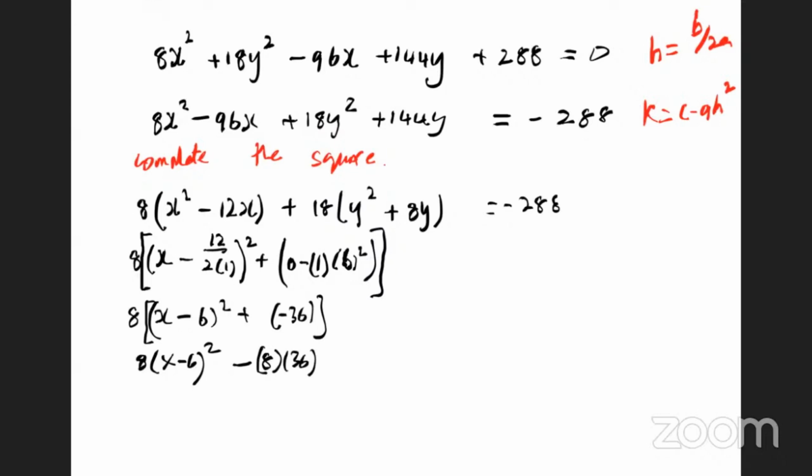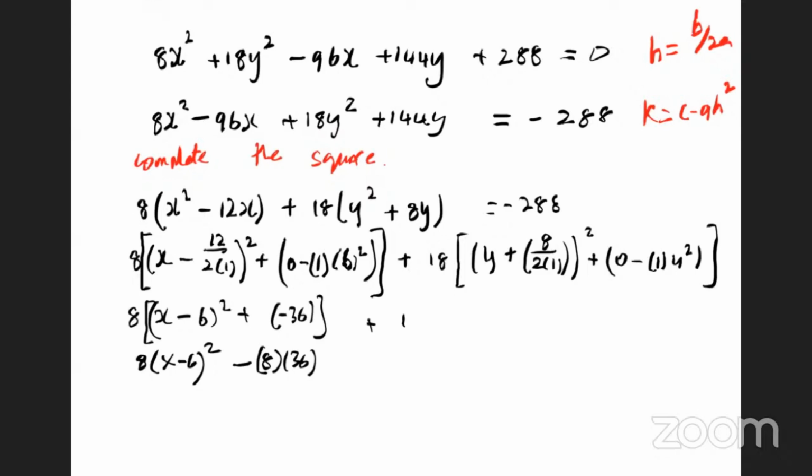All right, next part, plus 18, open brackets, y plus h is b on 2a. So it's 8 on 2 by 1 all squared plus, again, c is 0. 0 minus a is 1. 8 on 2 is 4. 4 squared. Close brackets. So that's plus 18 by y plus 4 all squared plus minus 16.